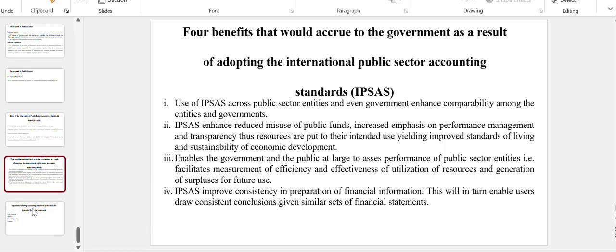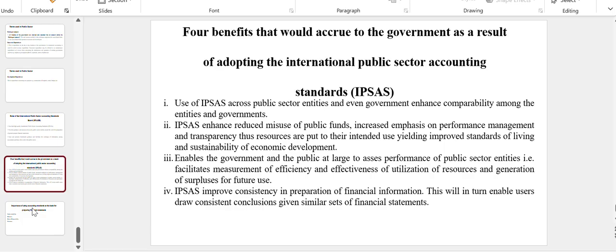So you can compare performance, you can compare adoption rate, you can compare so many things. So IPSAS enhances comparability among entities and governments. You can even compare Kenya and Uganda because all of them use IPSAS. Are you together?